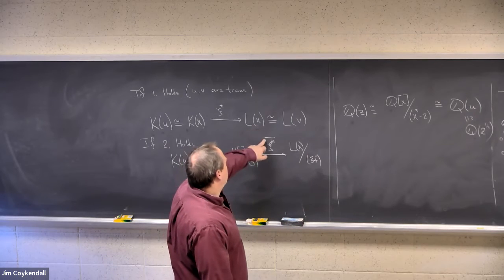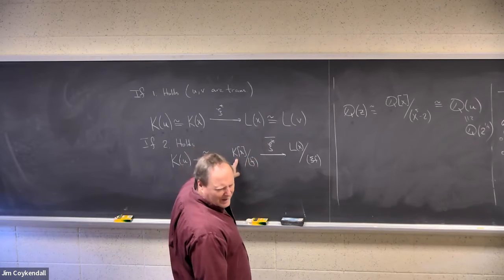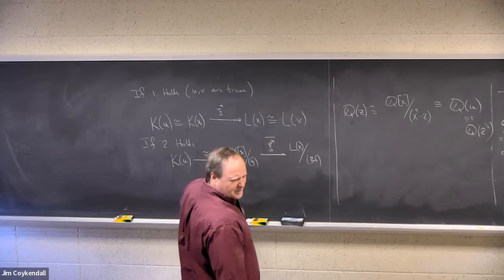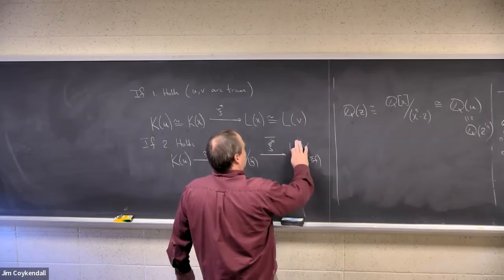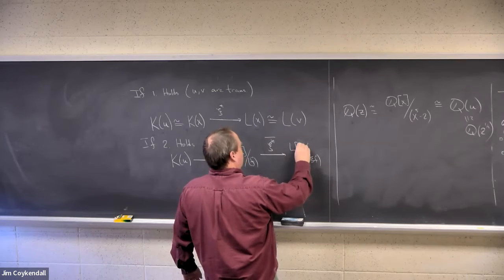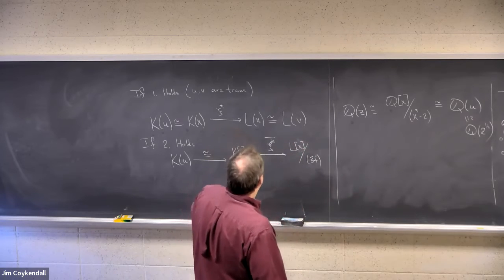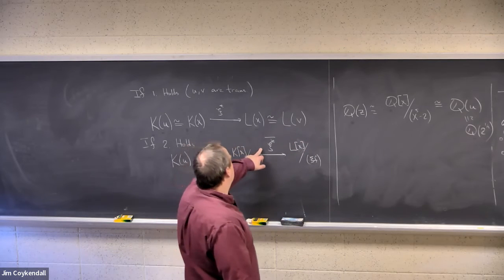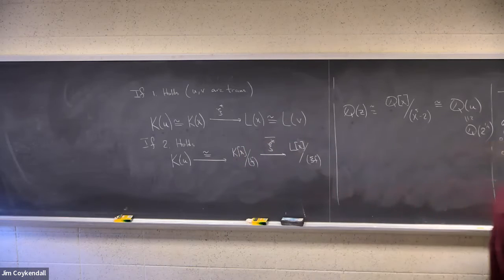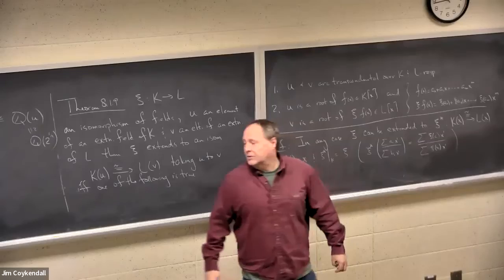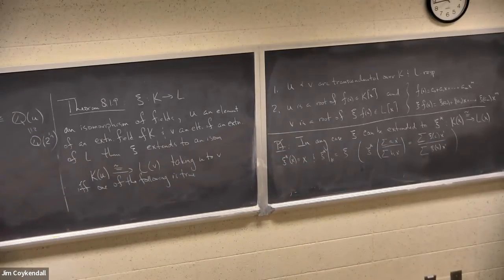What I mean by putting the bar over this is that this thing is defined on rational functions, and I can restrict this down to just polynomials.